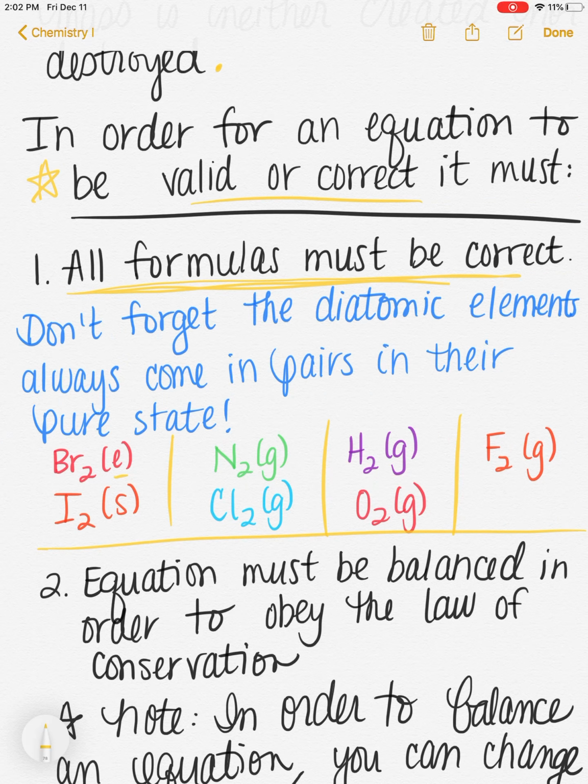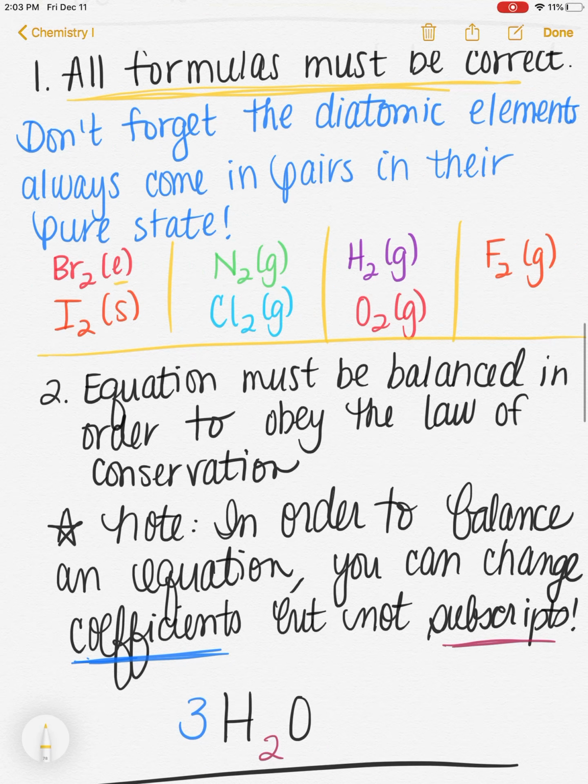I do want to throw out there that this only applies in their pure state. So if the equation or the word equation says that you have bromine or oxygen, then you would write this. If this is combined with any other element, like if it's hydrobromic acid or sodium bromide, then you don't put a 2 with it.